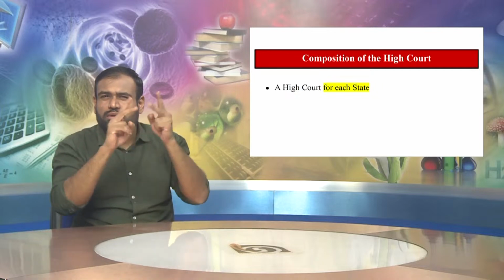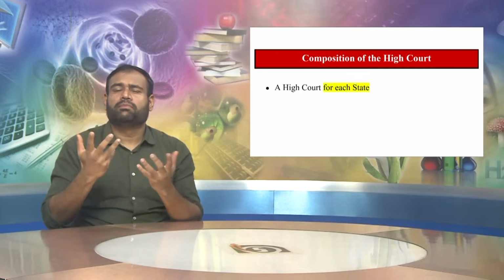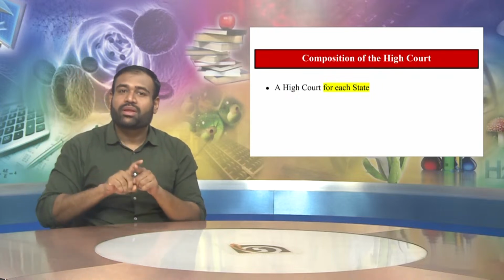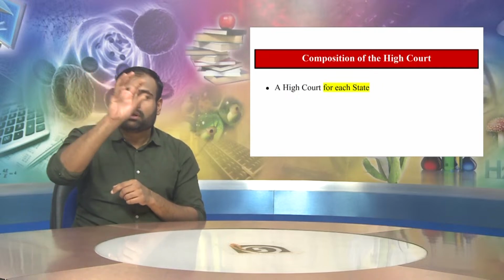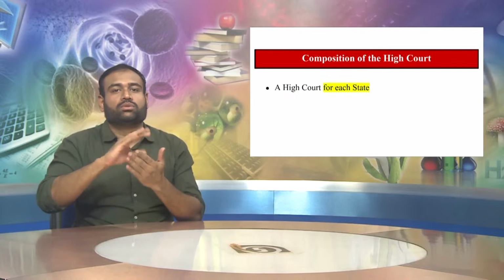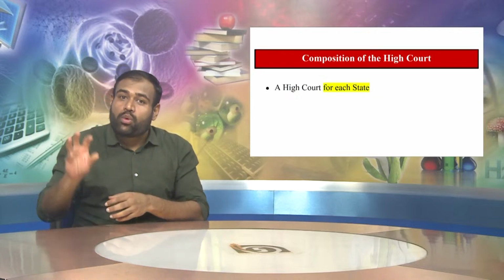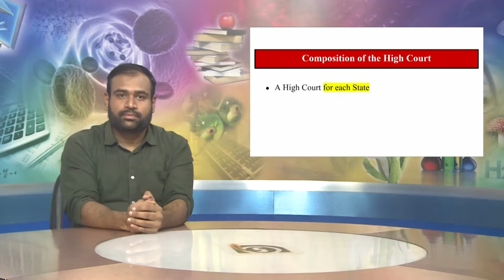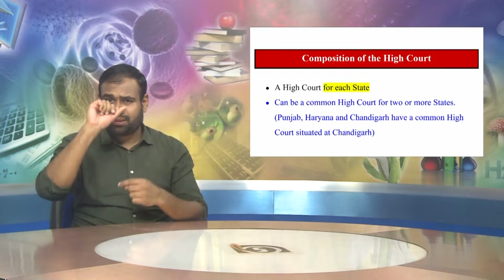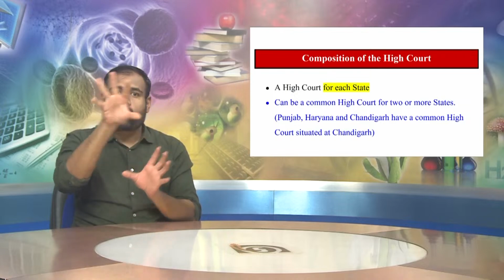We discussed about Supreme Court. Now let's discuss composition of the High Court. A High Court for each state. For example, Kerala, Maharashtra, Karnataka. There can be common high courts for two or more states.